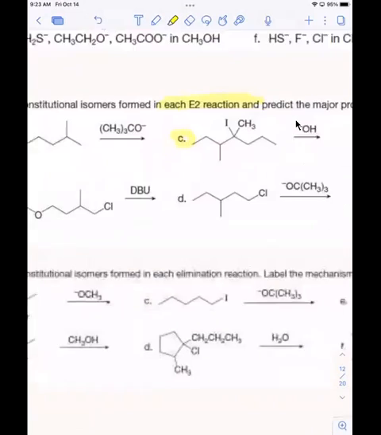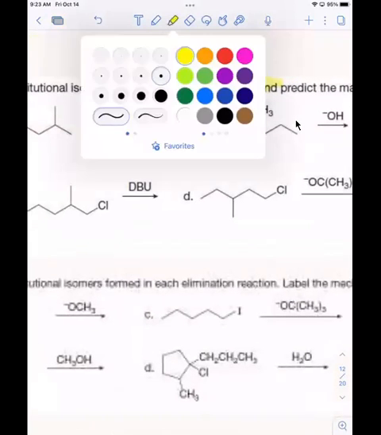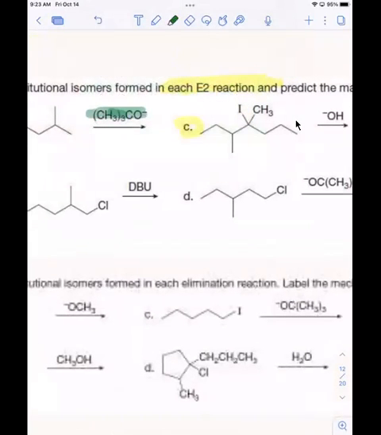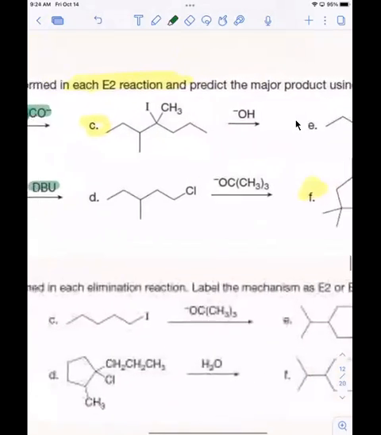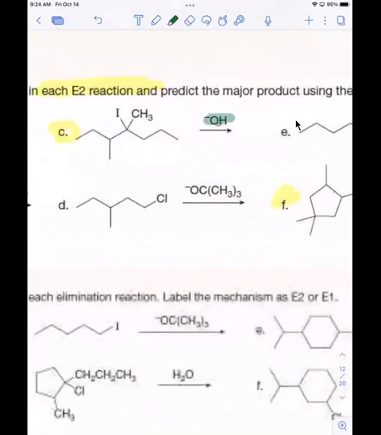And we know that based on each of these bases, right? This is tert-butoxide, DBU, diazabicycloundecane, a very strong base. And then OH, we've seen that a million times as a base.